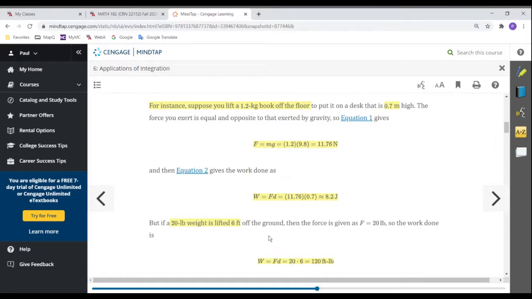The work needed to lift this 20-pound weight 6 feet off the ground would be 120 foot-pounds. How many maybe have seen that in a physics or engineering class?